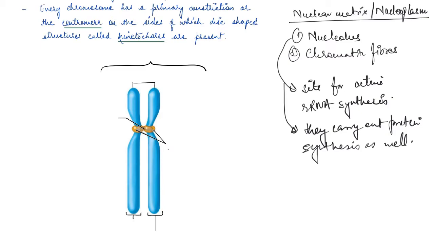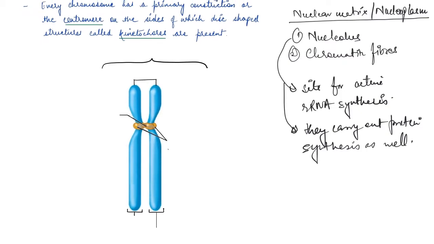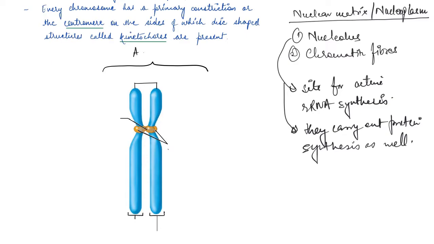So if you see this structure, you will see that this basically is a chromosome. Now these are a pair of sister chromatid.